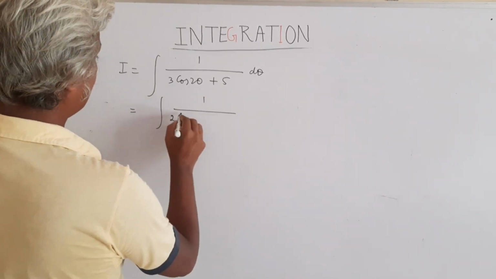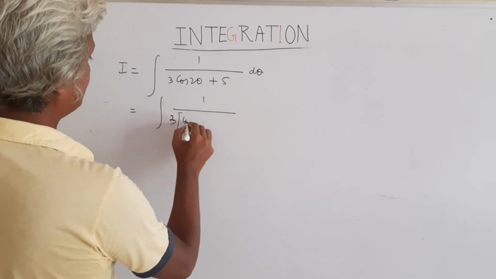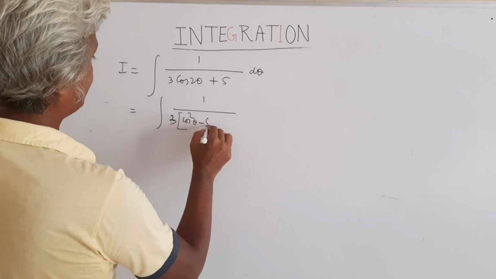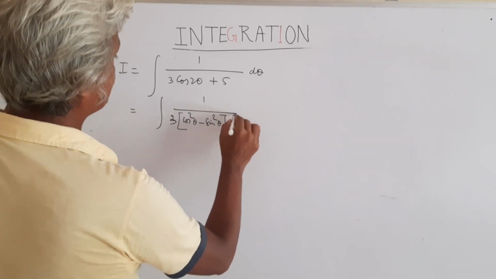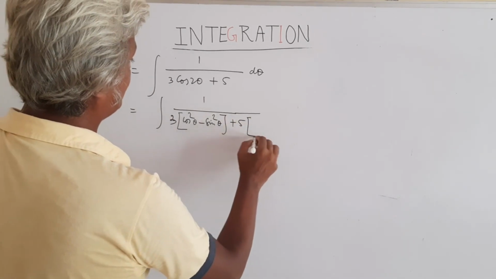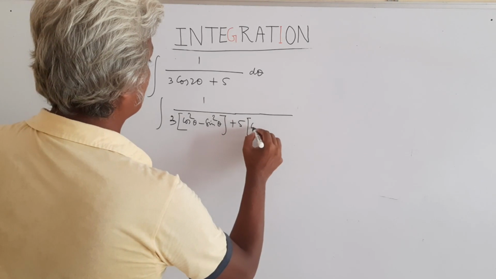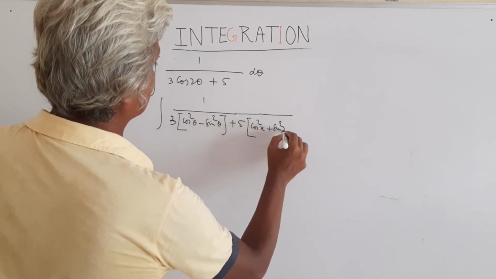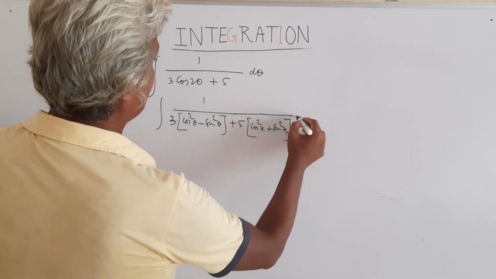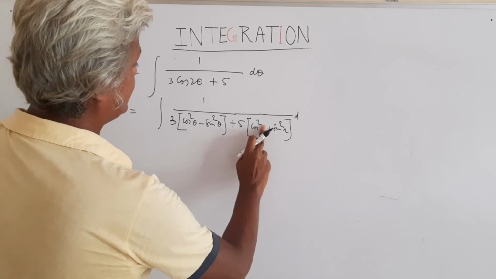I'm going to write cos square theta minus sin square theta, and the 5 I'll take as 5 times 1, and in the place of 1 I'm going to write cos square theta plus sin square theta, both are the same.